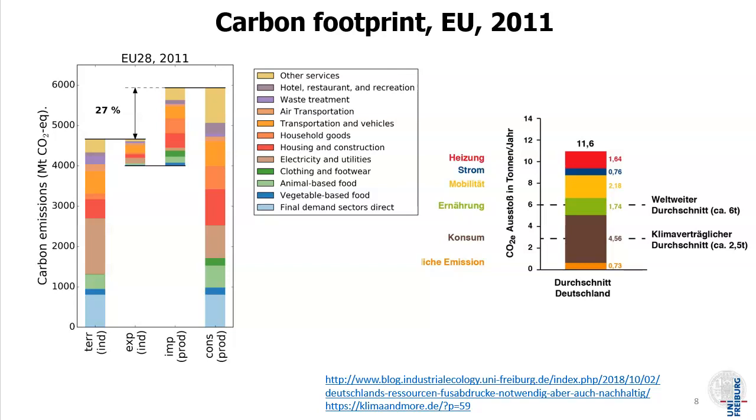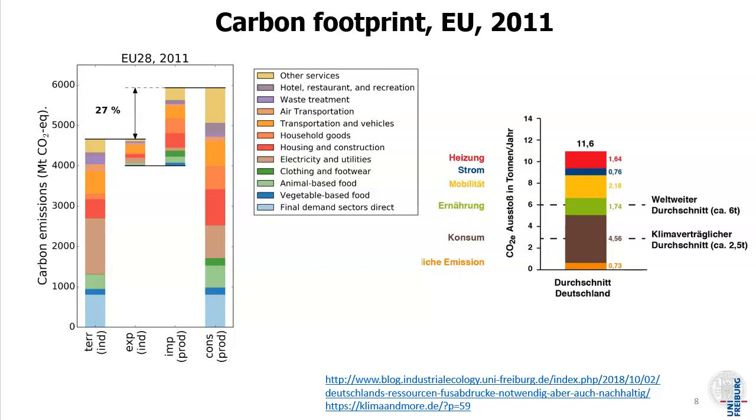And then the second column from the right are the emissions embodied in imports. So these are emissions that happen outside the EU, but are included in the supply chain of the products that are consumed by EU citizens. So the two left bars are territorial emissions in the EU that are then partly reallocated to other countries.